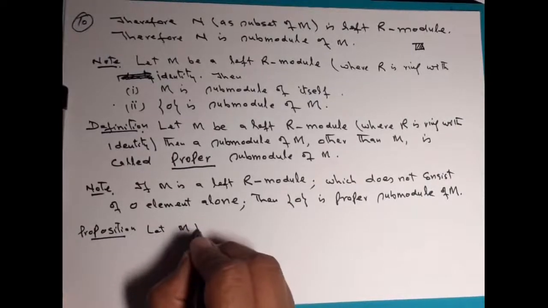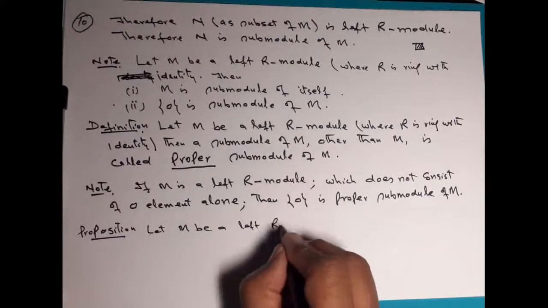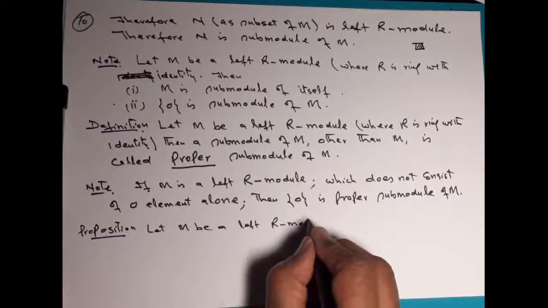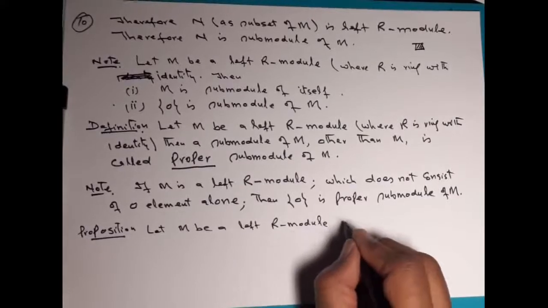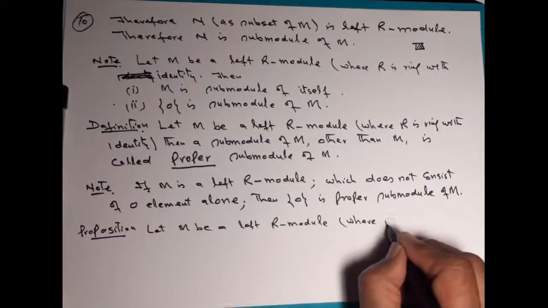So let's have this proposition: let M be a left R module, where R is a ring with identity.